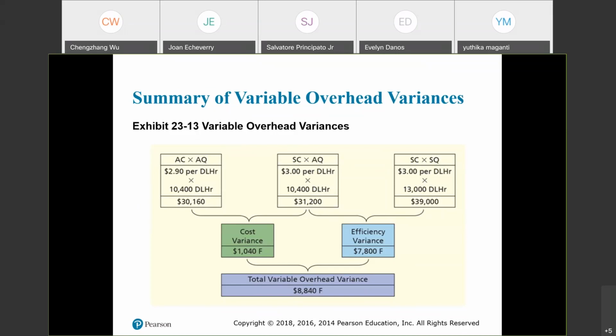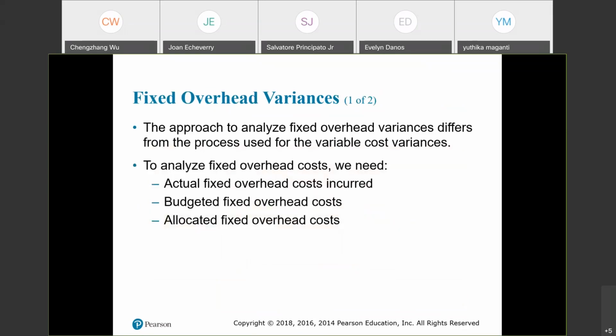Both of them are favorable, cost variance and efficiency variance. So plus them together, we get 8,840. Well, that is the variable part.